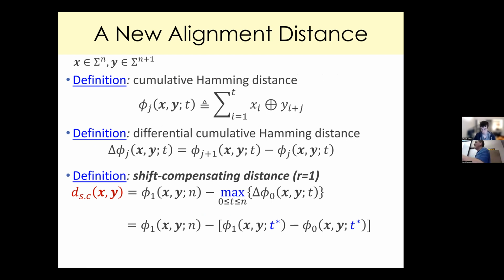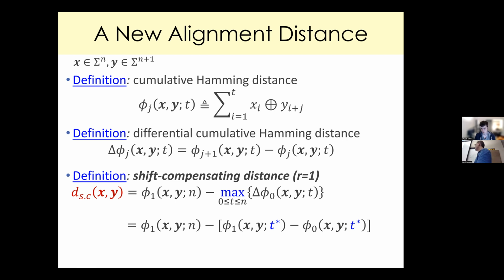Maybe I don't have time to explain it in full, but basically we define the function, the phi j's, and this delta of adjacent phi j's, and we define the metric to be the distance between x and y. And notice that now there are different lengths. Y is of length n plus 1, and x is n.